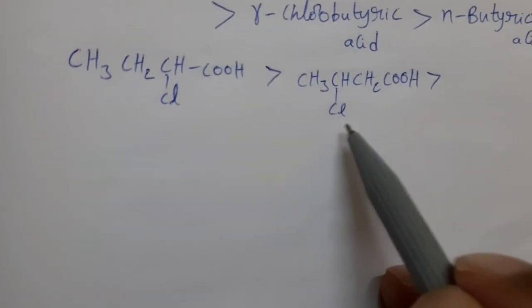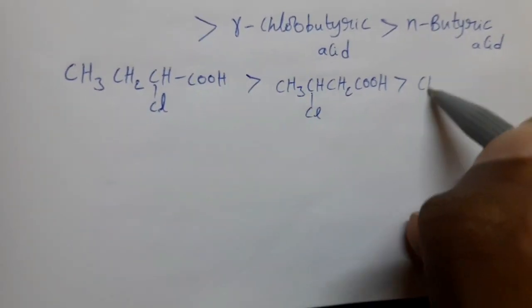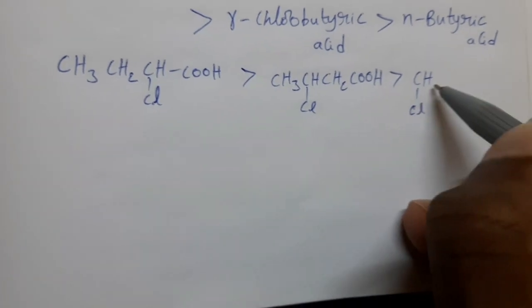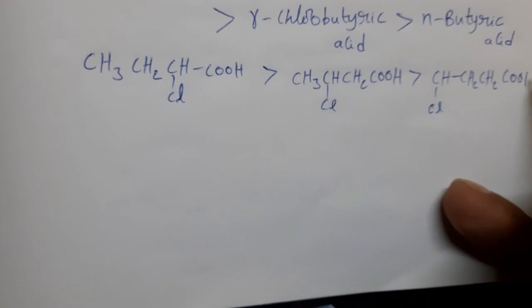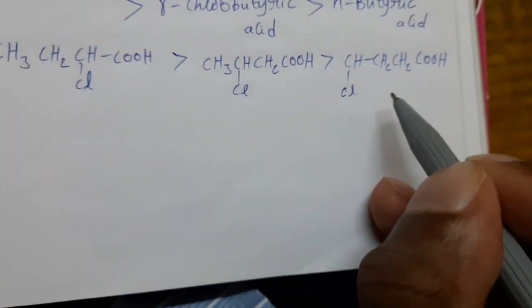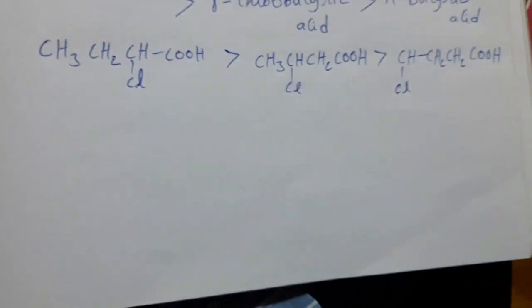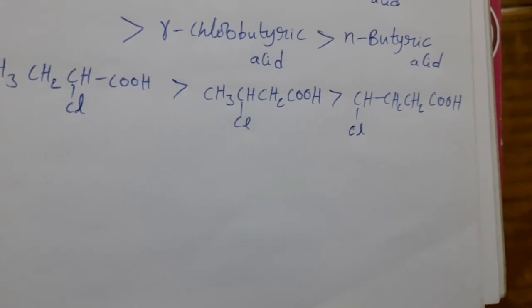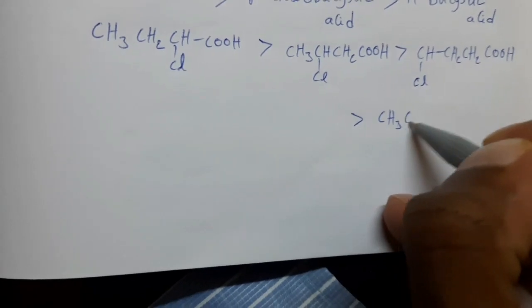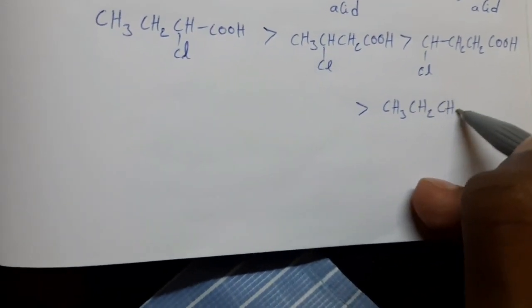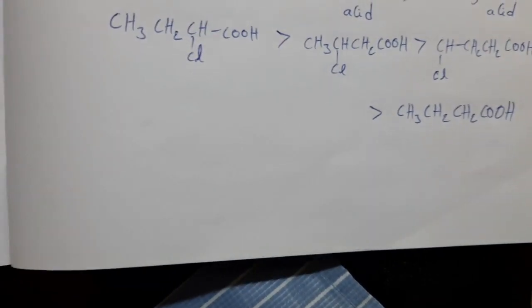This is beta chlorobutyric acid. Next, gamma chloro. This is gamma chlorobutyric acid. Next, n-butyric acid, CH3, CH2, CH2, COOH.